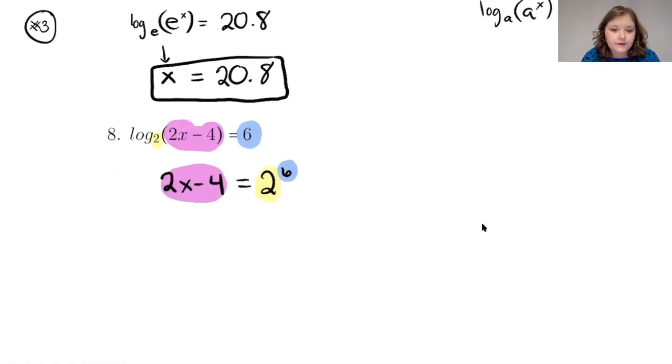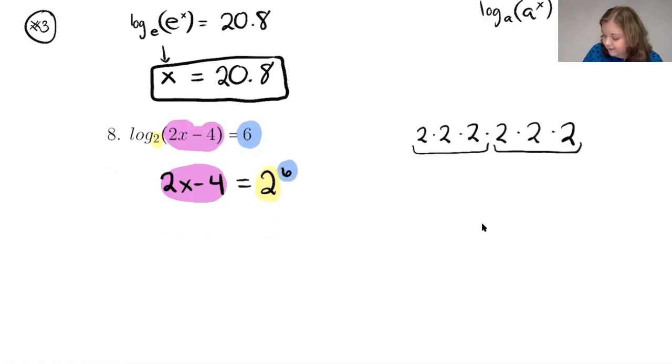Okay, so now 2 to the 6th power is 2 times 2 times 2 times 2 times 2 times 2. So we have 2 times 2 times 2 is 8, and we have that twice, so that should be equal to 8 times 8, which is 64.